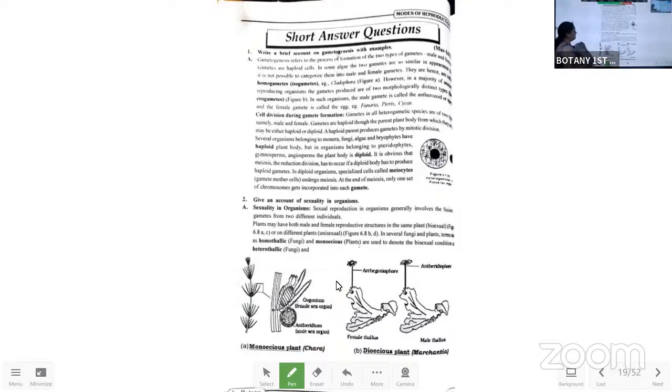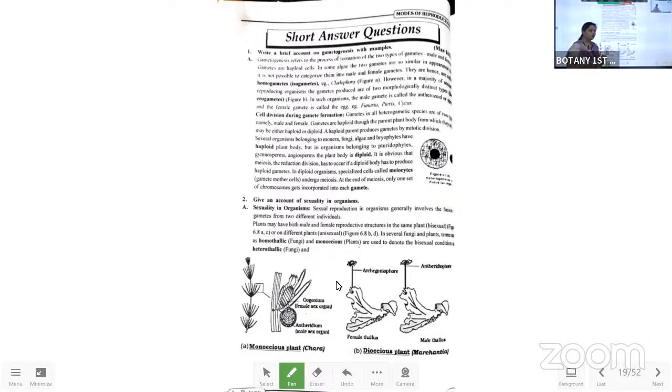So in this, what are the questions we need to go through? The 3rd unit we have in the Telugu Academy is sexual reproduction, with 2 chapters: modes of reproduction and sexual reproduction in flowering plants. We will get 1 LAQ from the 7th chapter, and we have already finished all 5 LAQs from that chapter.